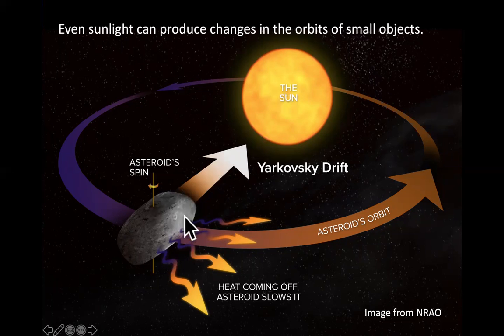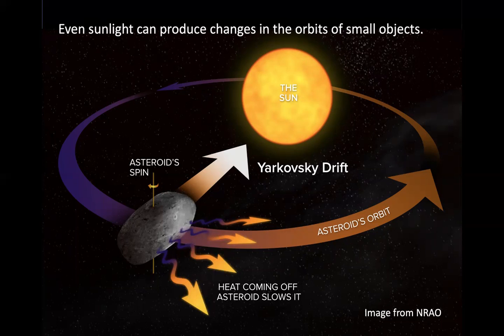So that produces thermal radiation that comes off preferentially on one side of the object. That acts like a little bit of a thruster, not a very efficient one, but over time, it can cause the asteroid to basically speed up or slow down, depending on which way it spins, which can affect its orbit.